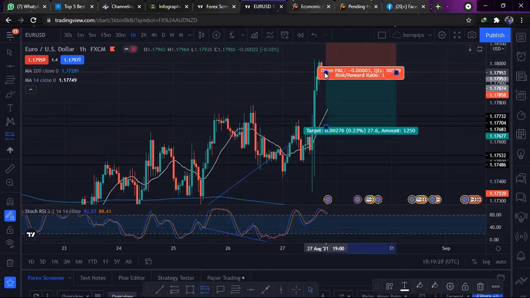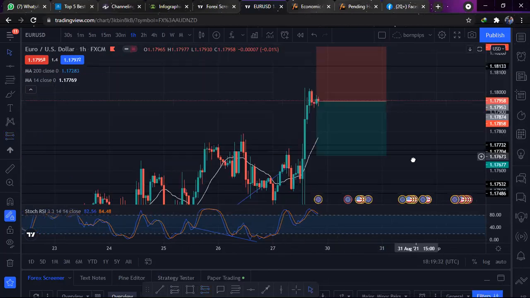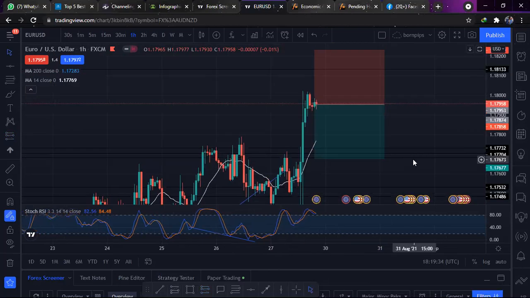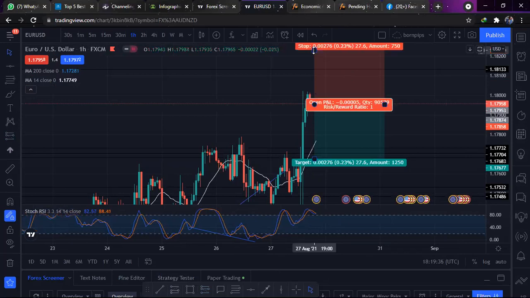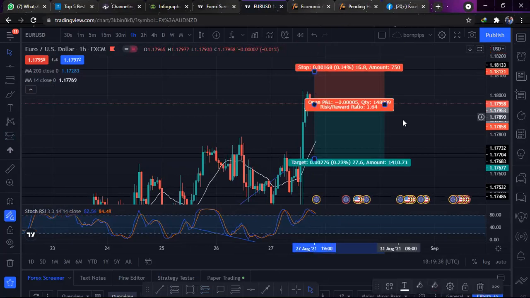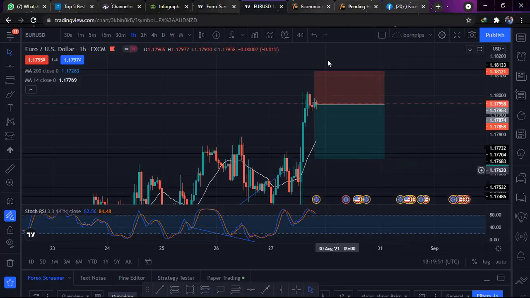Let's say you are entering a sell trade right here, and my chart is messy, I know. When you enter a sell trade, your stop loss is above your entry and your TP is below your entry. As you can see, your TP is here and your SL is here.